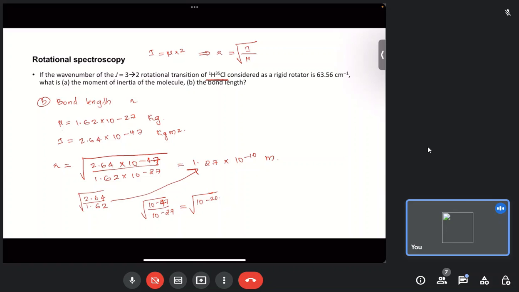So this is going to be 10 to the power minus 10 meter. So this is the bond length corresponding to 1H attached to 35 Cl.